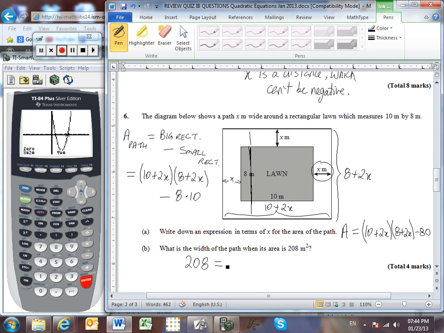And I guess I should FOIL this out. So first terms, 10 times 8 is 80. Outer terms gives me 20x. Inner terms gives me 16x. And the last terms give me 4x squared. And then I'm subtracting 80 from that result. These parentheses are kind of superfluous. They're not really doing anything in this problem.